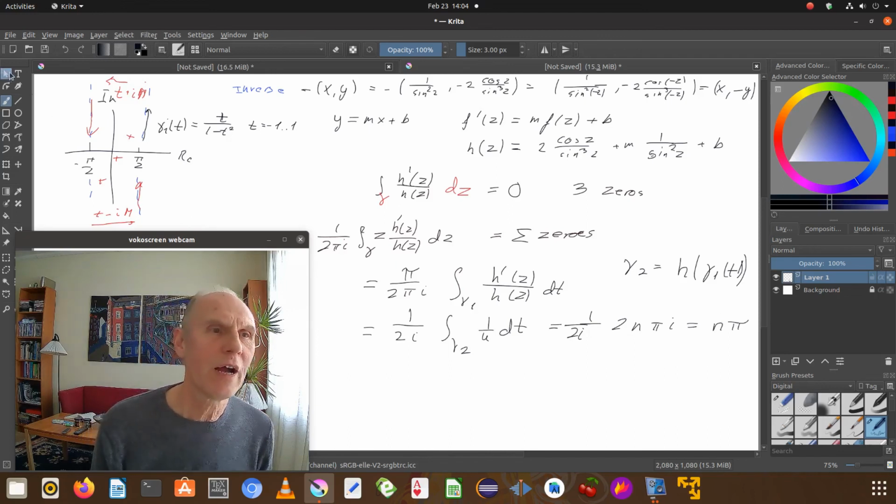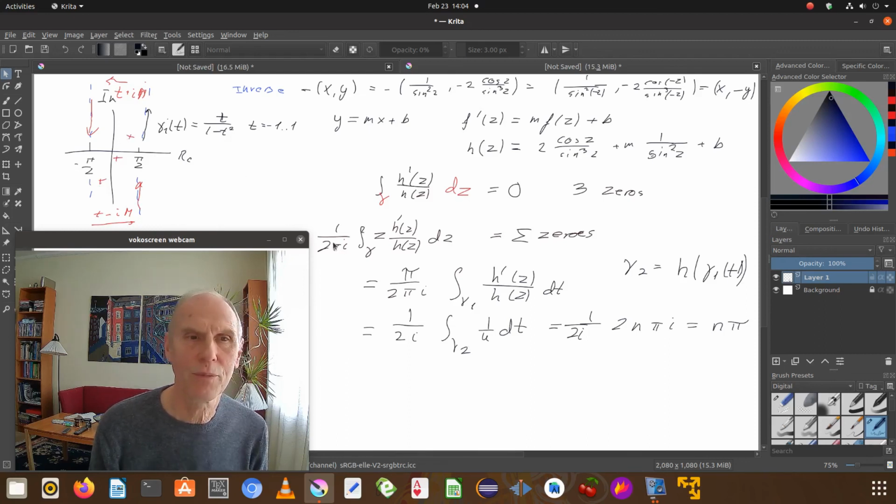So I haven't proven that the sum of the zeros, I've made a mistake here, because the zeros of this one, oh yeah, there's zeros everywhere, but I've just proven that the sum lies in a multiplum of the period, so that means that they can be translated into the same.